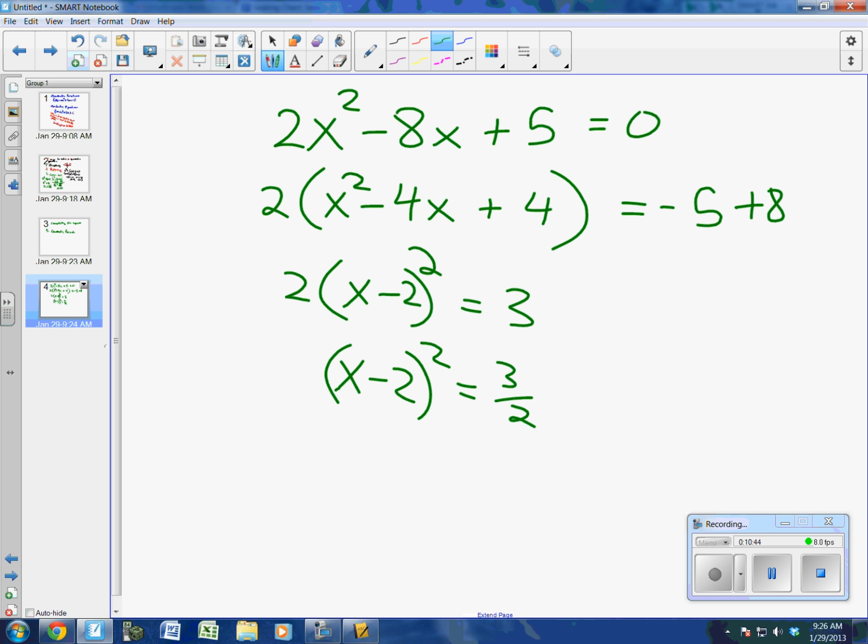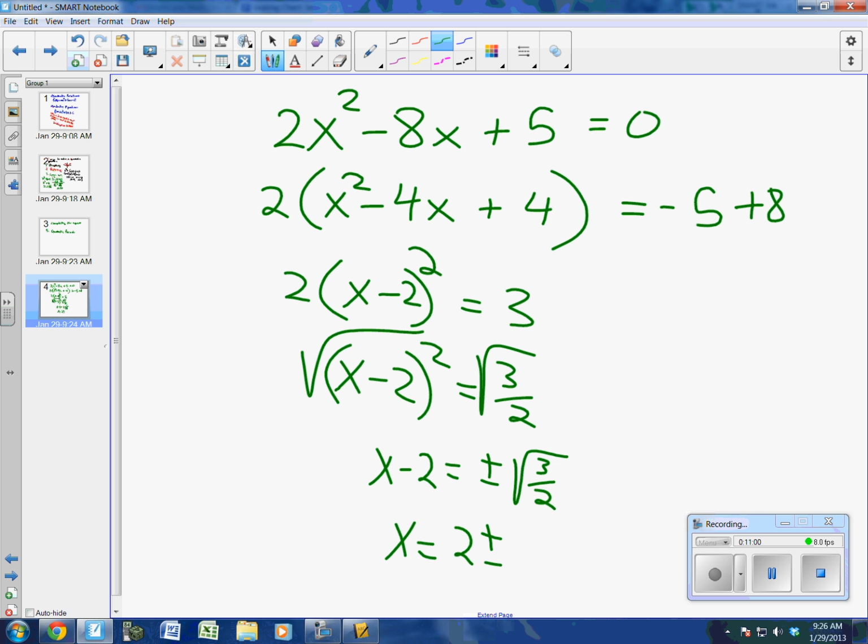Do you see that? And I'm going to get x minus 2 equals plus or minus the square root of 3 halves. And then I'm going to add 2 to both sides. I'm going to get x equals 2 plus or minus the square root of 3 halves. And that's my answer. That's called completing the square.